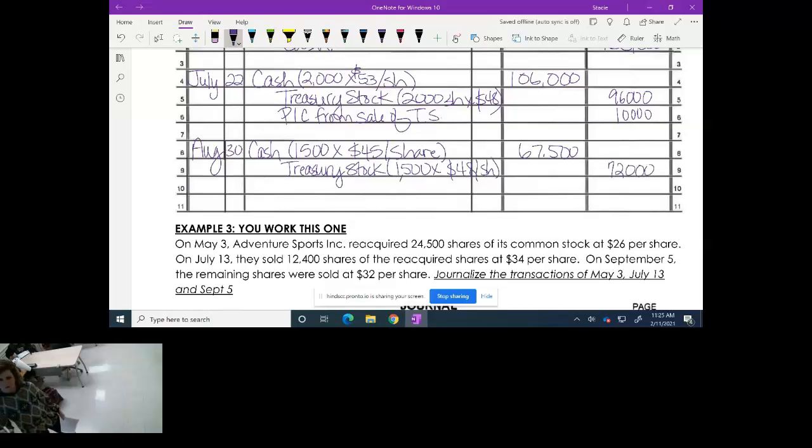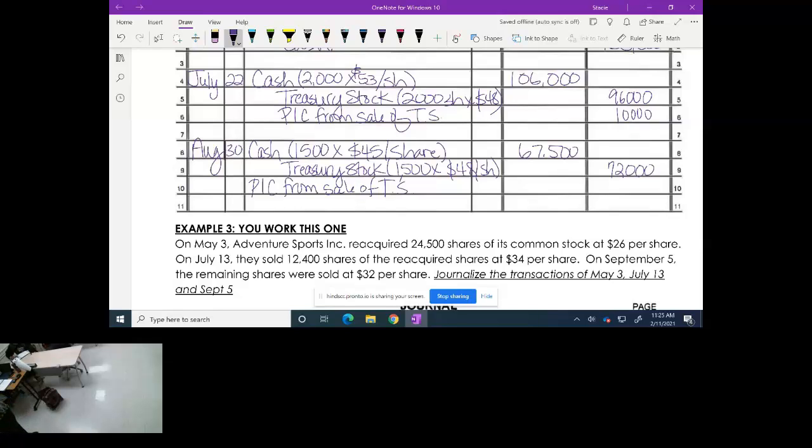So my paid in capital from sale of treasury stock essentially will be 1,500 shares times $3 a share, because that's the difference between your cost and your sales price.